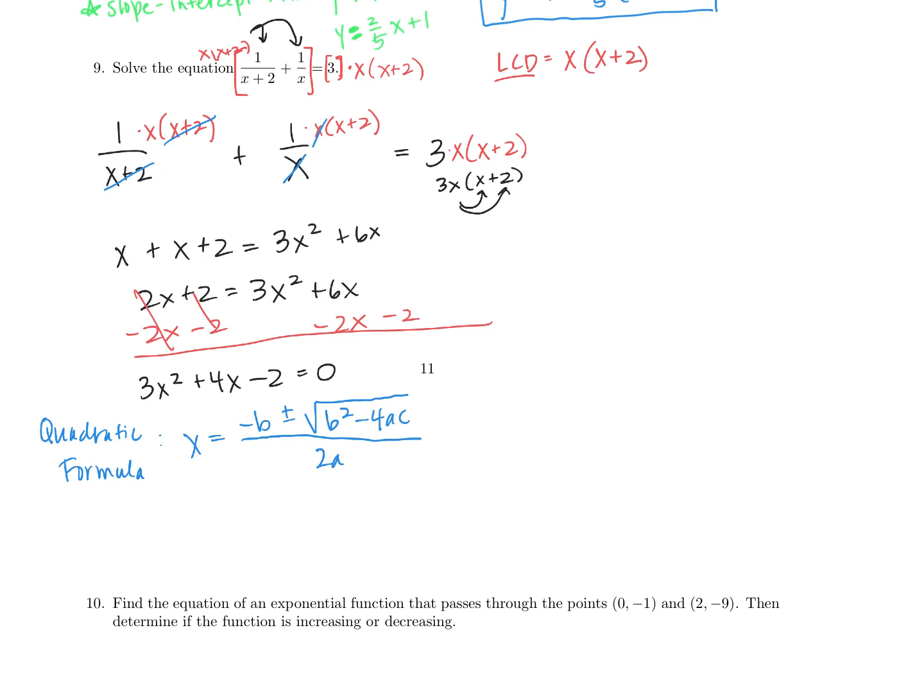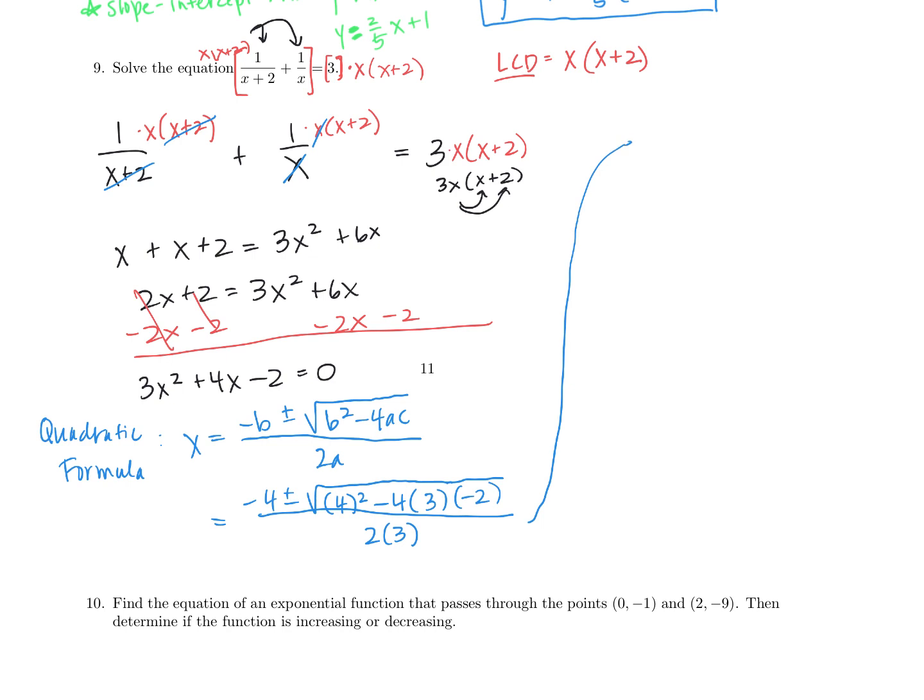So we're going to plug those in where appropriate. So we have -b, so that'd be -4, plus or minus the square root of b squared, so 4 squared, minus 4 times a, which is 3, times c, which is -2, all over 2 times a, which is 3. So now our goal is just to simplify this as much as possible.